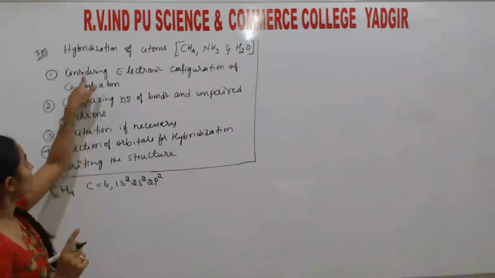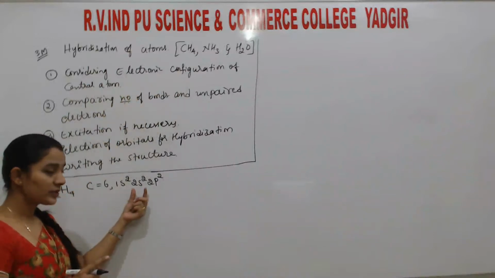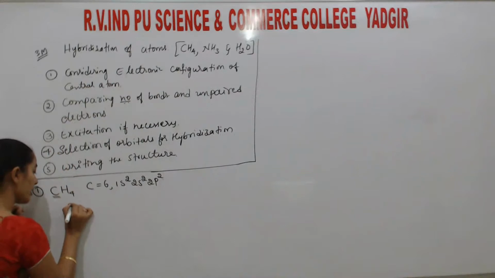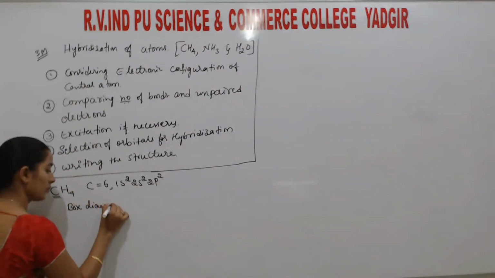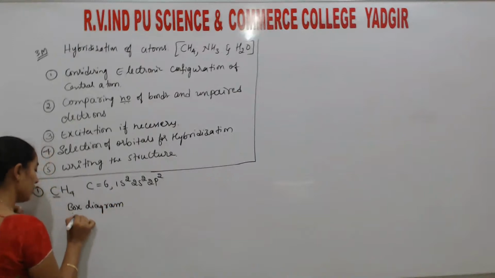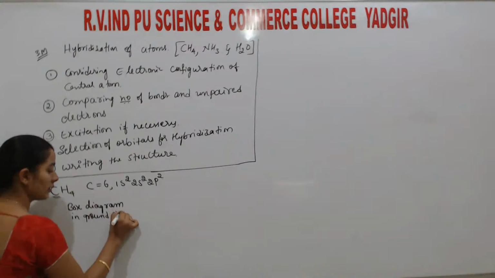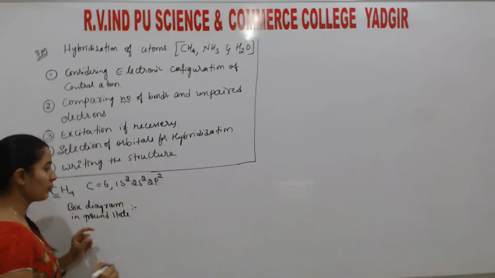First thing, considering the electronic configuration of the central atom. Once you have the electronic configuration, write the box diagram in ground state.